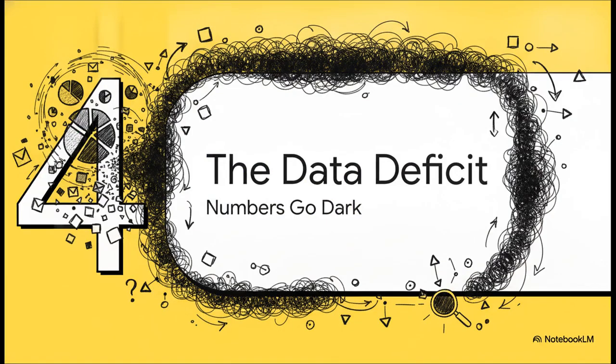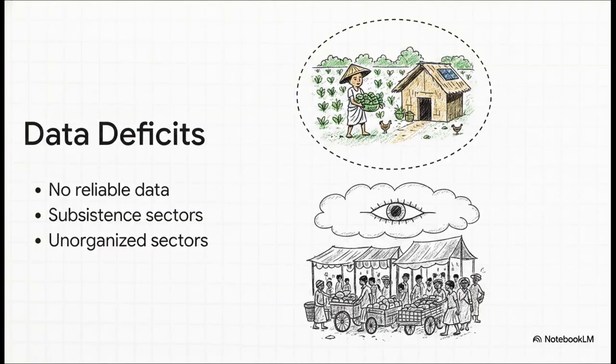Which brings us to Section 4. The data deficit, where the numbers literally go dark. Up until now, we've mostly talked about theoretical issues, but in many underdeveloped countries, the roadblock is fundamentally physical. There is just a chronic lack of adequate data, and the statistics that are available are often highly unreliable. But honestly, more importantly than that, underdeveloped countries often feature massive subsistence sectors.